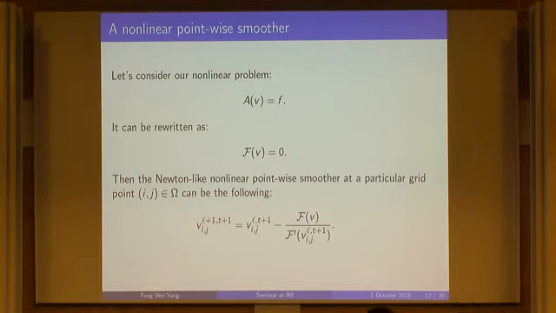Question? Yes. Doesn't your derivative actually couple grid points? You have it at v of i comma j, but in fact, if you do a finite difference or some other approximation to that Jacobian, it's going to couple the grid points. You wouldn't know the derivative is just with respect to one particular point that we're going to update. With a 5-point stencil, it will involve the other 4 points, but we're not looking at the other 4 points.